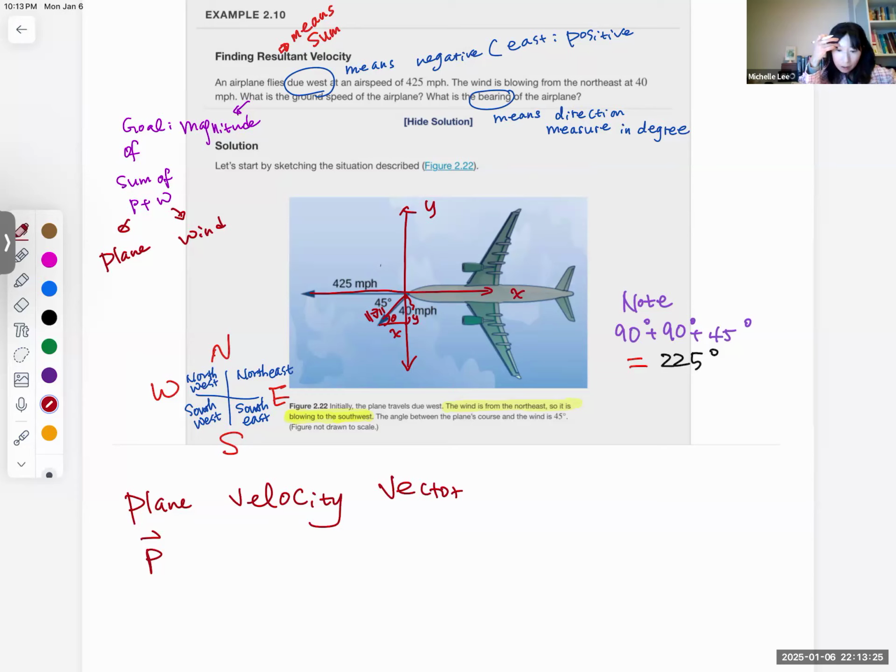The airplane flies due west, and west means negative, as we talked about earlier. Negative 425 i hat, and then plus 0 j hat, right?